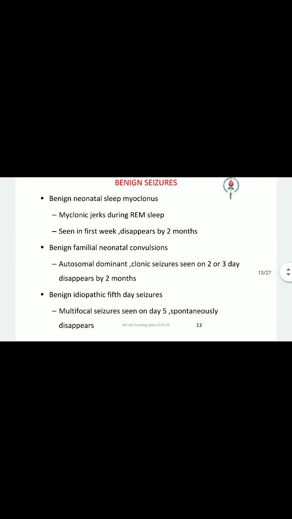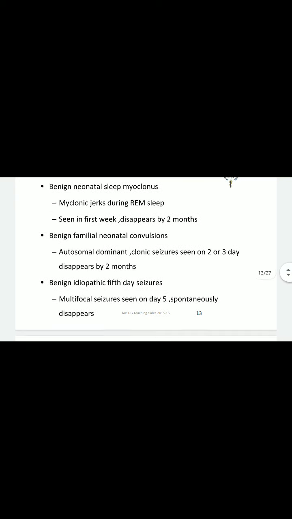Benign familial neonatal convulsions. This is autosomal dominant. Seizures seen on day 3 and disappear by 2 months.